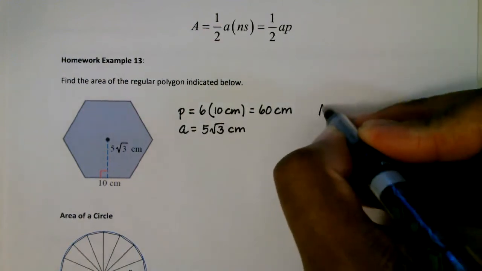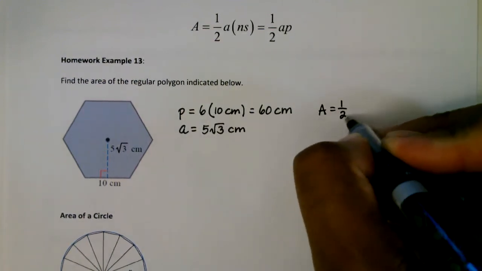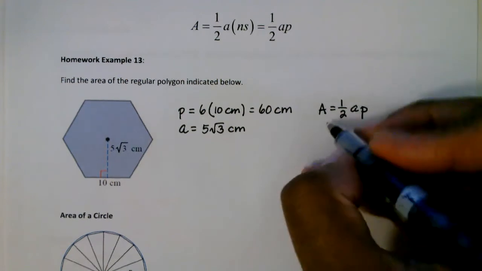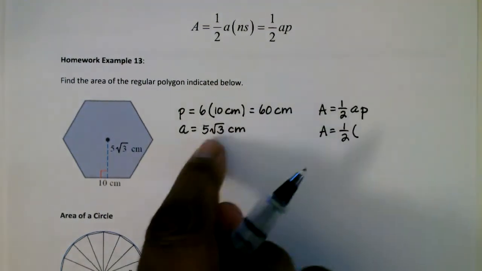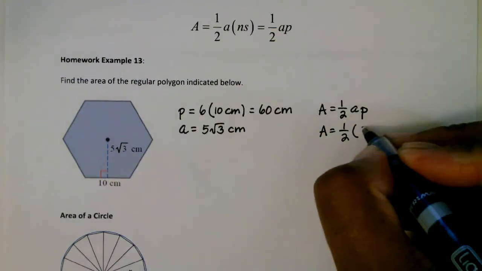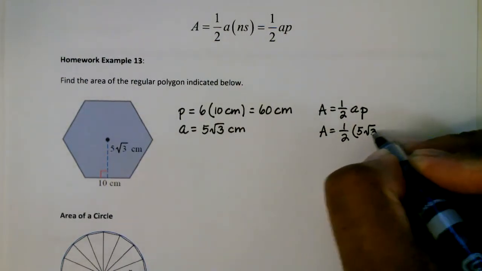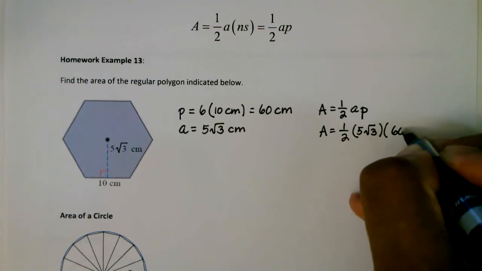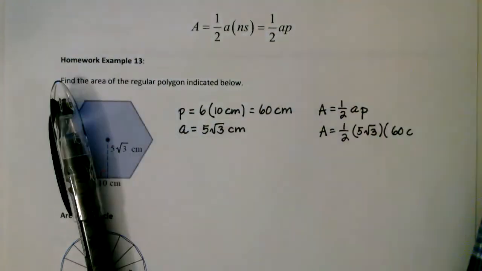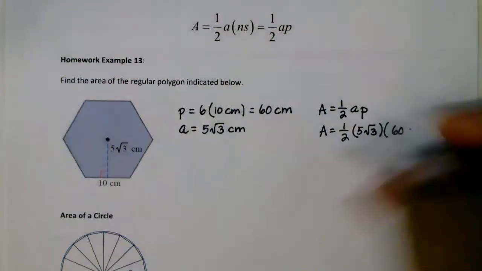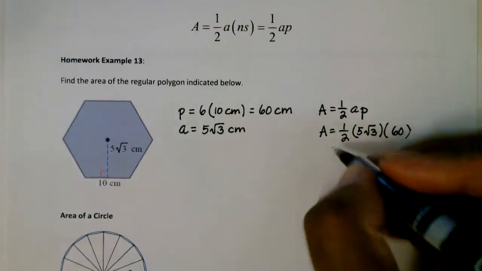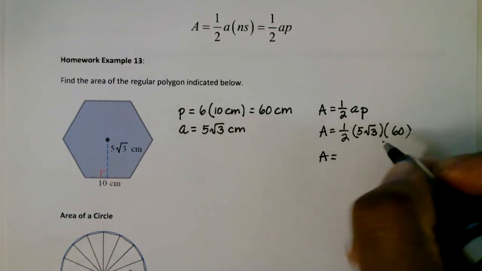So here we can find the area. That's going to be 1/2 little a times P. So this will be 1/2, little a is going to be 5 square roots of 3, times 60. I'll just put the units in my final answer here, but I just want to do the math here first.